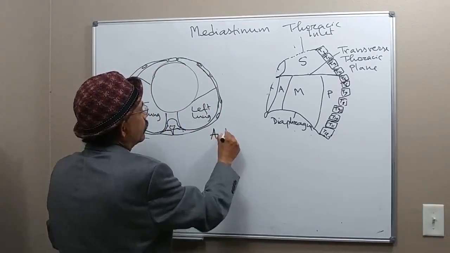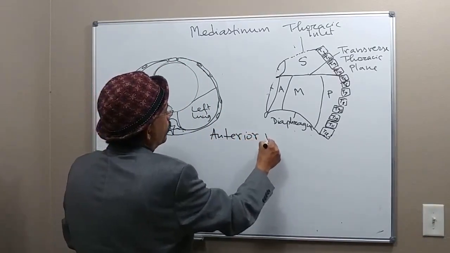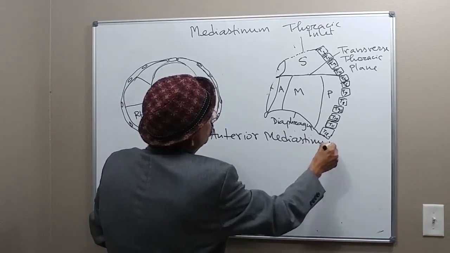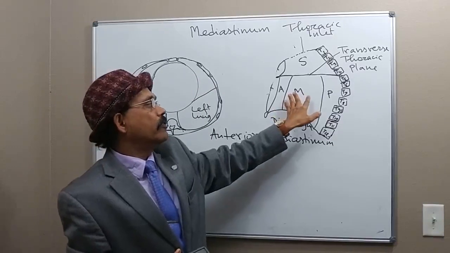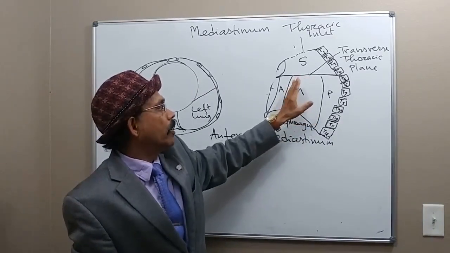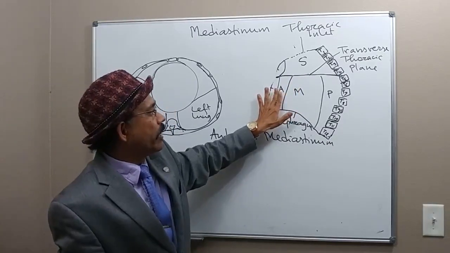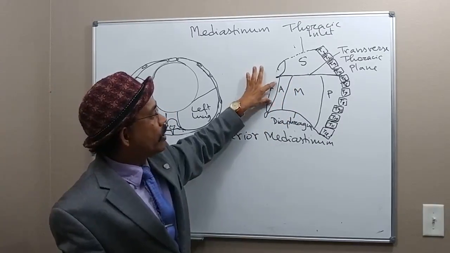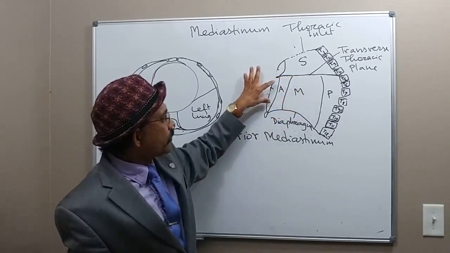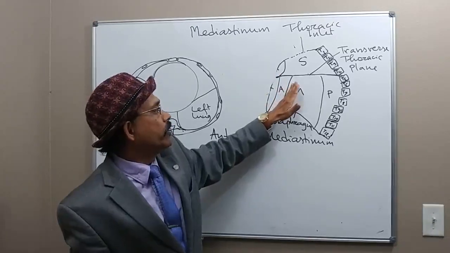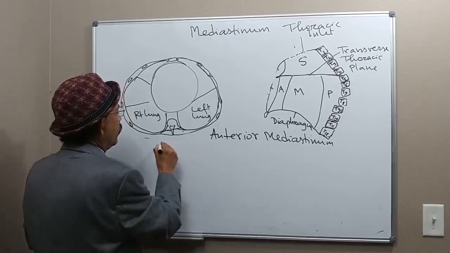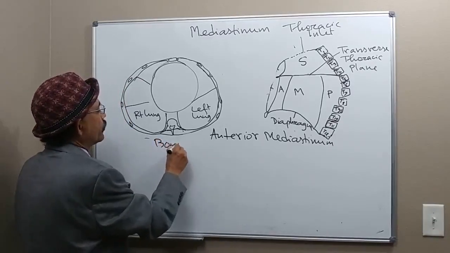So, anterior mediastinum. What is my anterior mediastinum? Anterior mediastinum is anterior to the middle mediastinum, composed of pericardium and heart. It is anterior to that. It is a narrow space between the body of the sternum and the pericardium, or you can say the body of the sternum anteriorly, posteriorly the middle mediastinum. What are the boundaries of the anterior mediastinum?